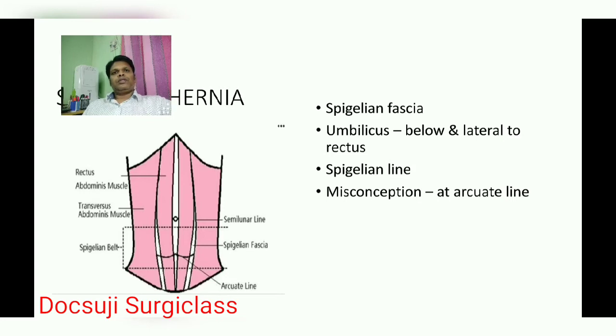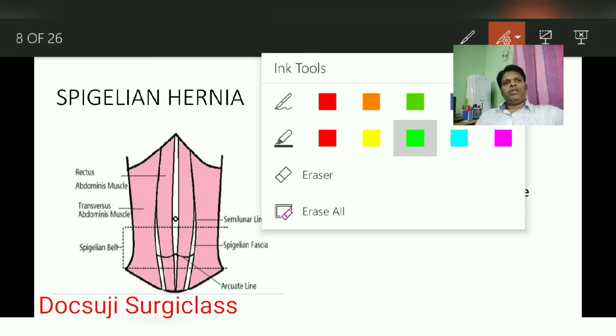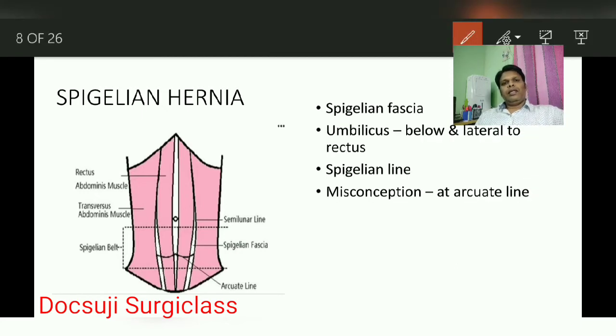What is this Spigelian hernia? Basically you should know the Spigelian fascia. What is Spigelian fascia? It is the fascia that extends from the costal margin above to the groin, and laterally from the oblique muscle where it inserts into the lateral border of the rectus muscle.